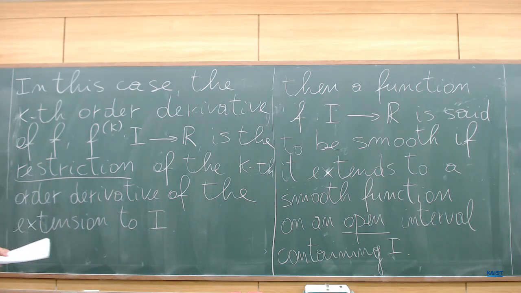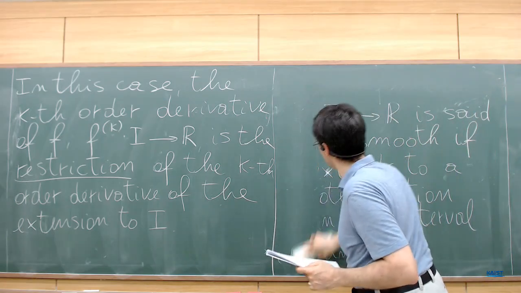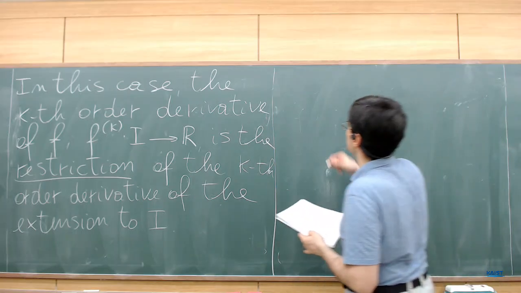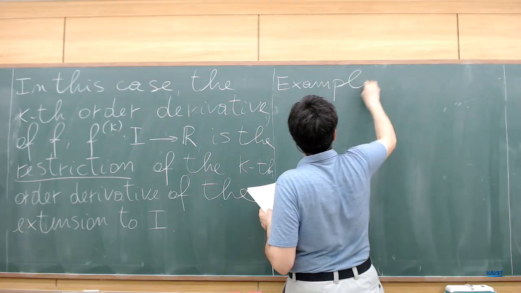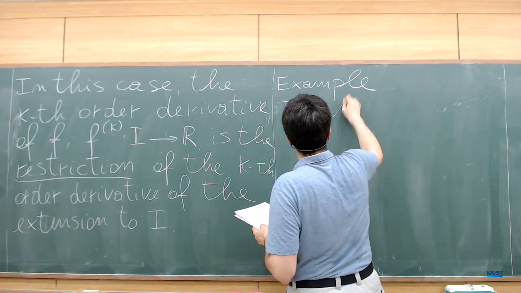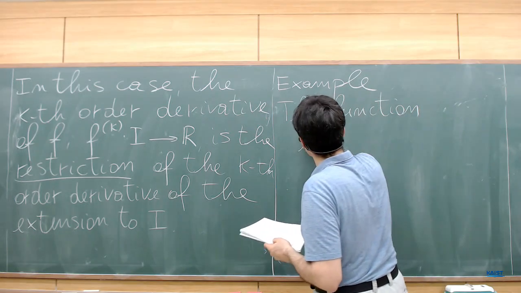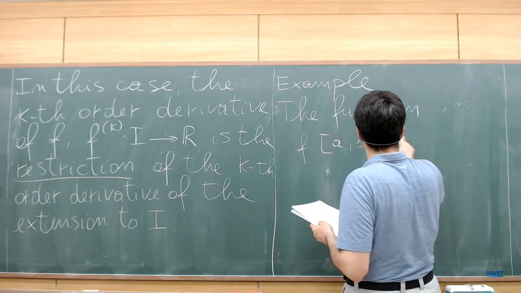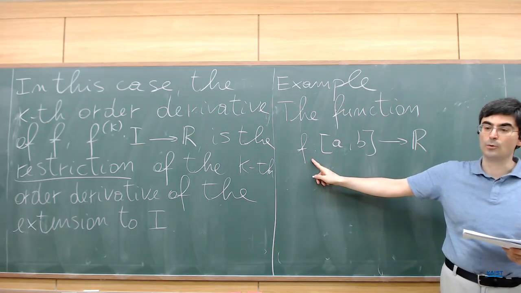Let's see a simple example of this. So suppose we have a function f defined on the closed interval [a,b] with values in R. What does it mean for f to be smooth?